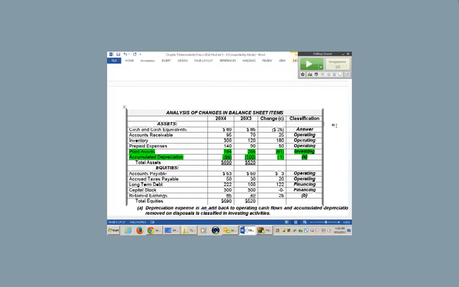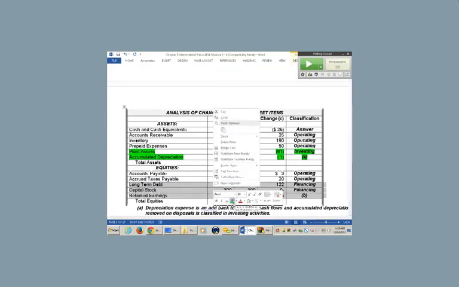All right, now the other changes, accounts payable goes up by 3, tax payable goes up by 20, those are operating. Long-term debt, cap stock, and retained earnings, well, I've got to obviously do more here because these are gross change accounts. Investing and financing are gross change accounts, so I'm going to have to make sure I reconcile those changes.